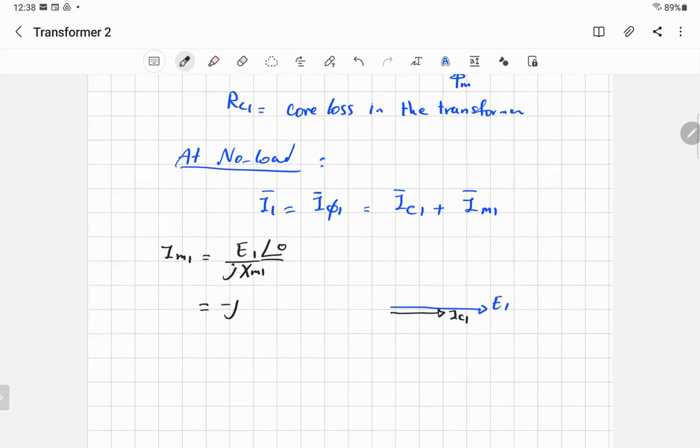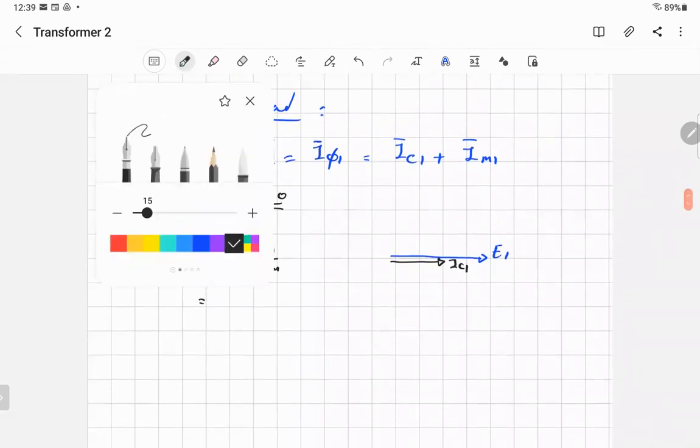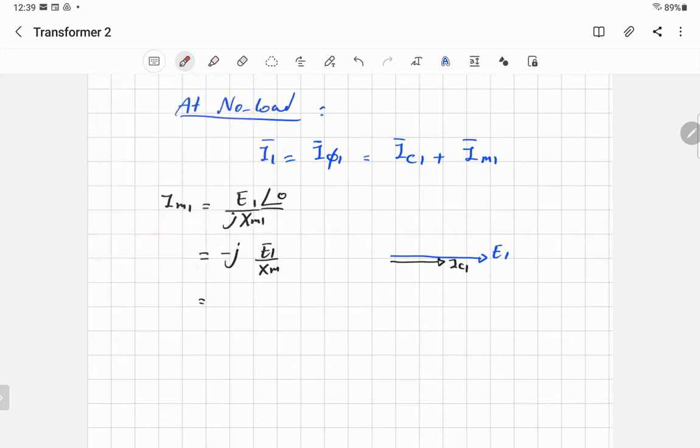So it will be equal to minus j E1 over XM1. That's all magnitude. So the current IM1 has magnitude E1 over XM1, and the direction is minus 90. So you can do it like that.